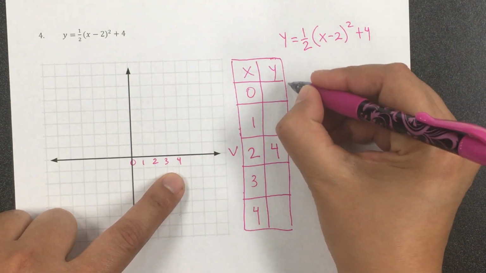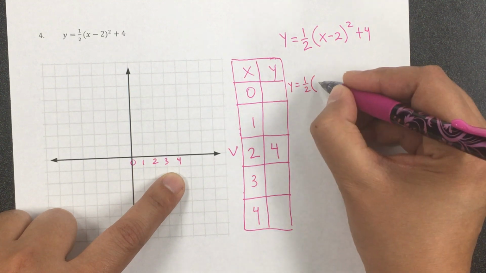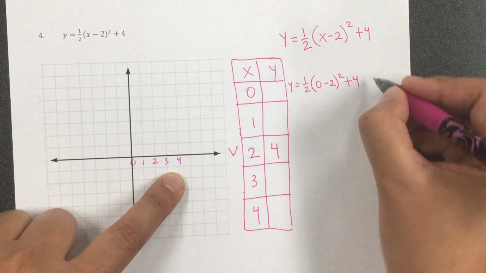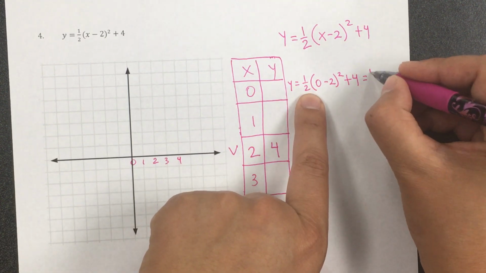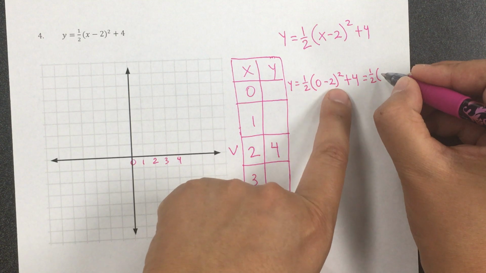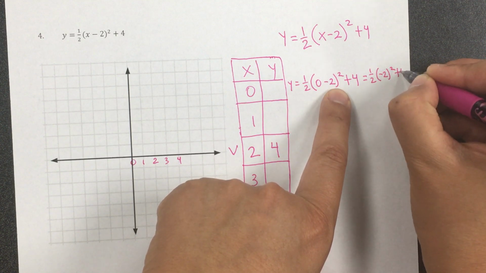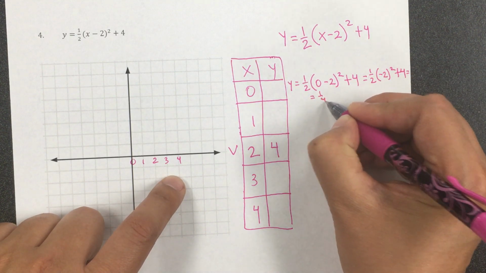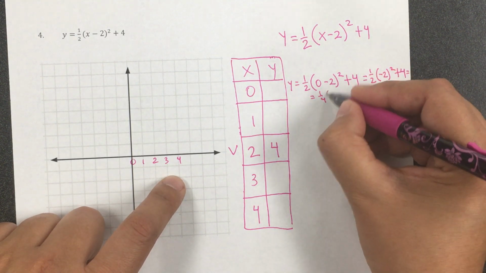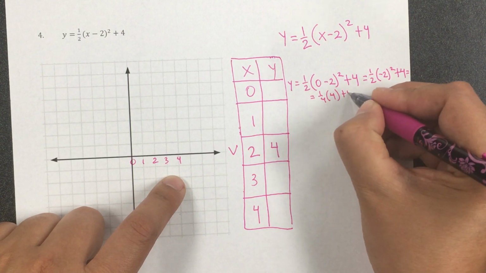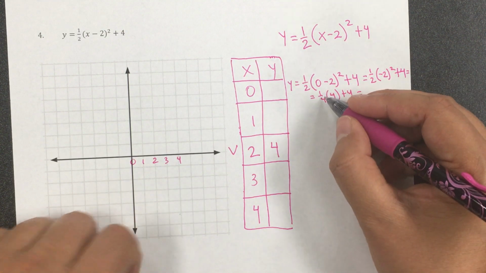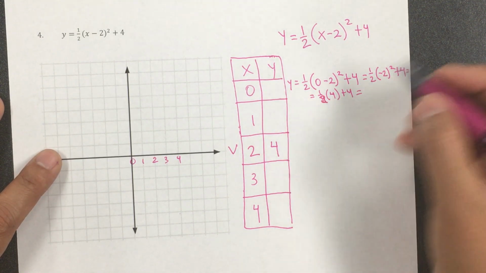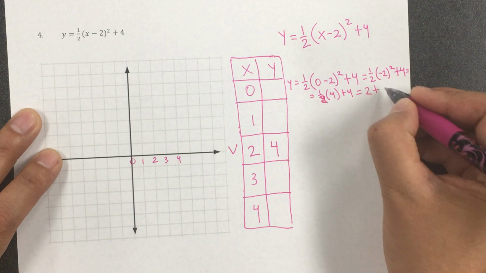So y is equal to 1/2 times (0 minus 2) squared plus 4. And this is 1/2 times (0 minus 2 is -2) squared plus 4. And that gives me 1/2 times (-2 times -2 becomes +4) plus 4. 1/2 of 4 is 2 plus 4.